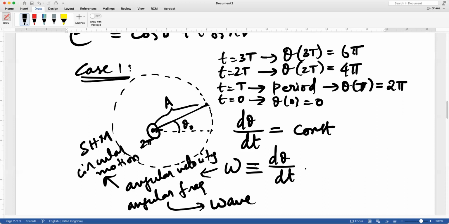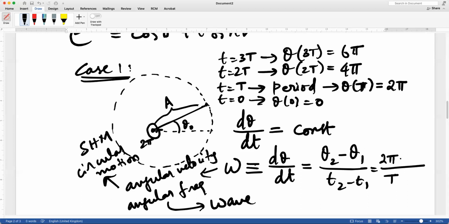Now we do a very simple thing. We know that d theta can also be written as theta 2 minus theta 1 divided by t2 minus t1. If you use any particular fixed values, for example, 2 pi happened at the time capital T, and 0 happened at the time t equal to 0.